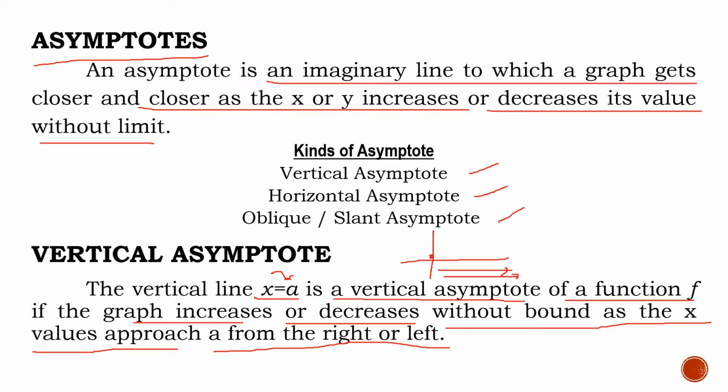So when your x increases, automatically your graph will also increase from your y-axis. But there is no point of intersection between your vertical asymptote and your curve. So that's how we define your vertical asymptote here.